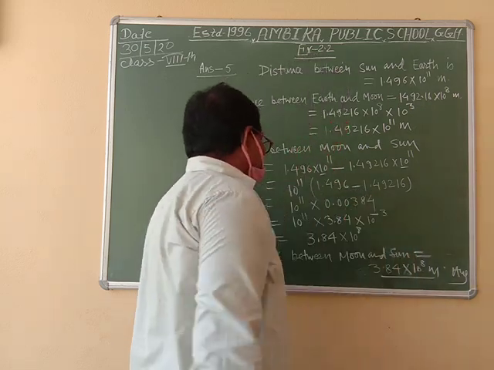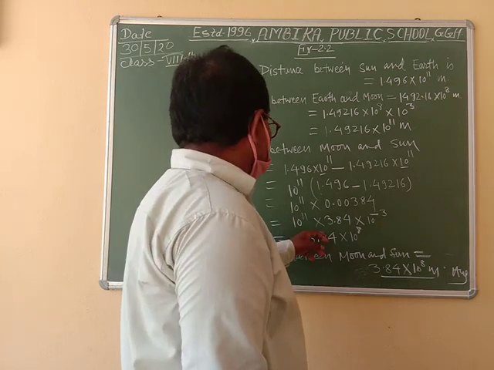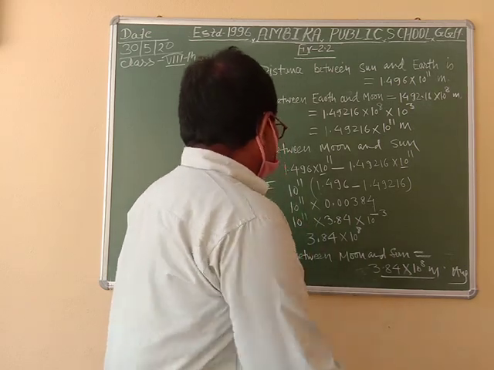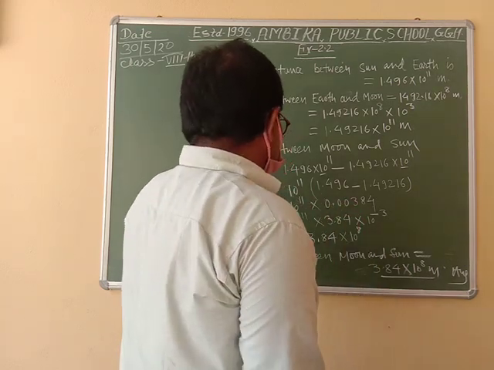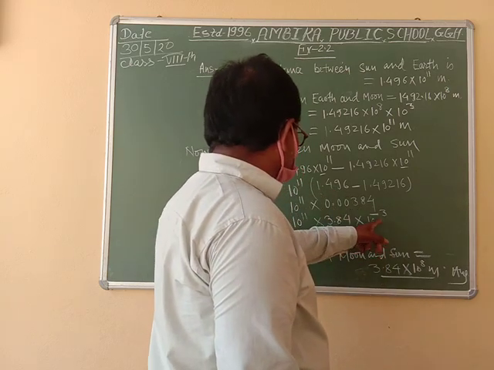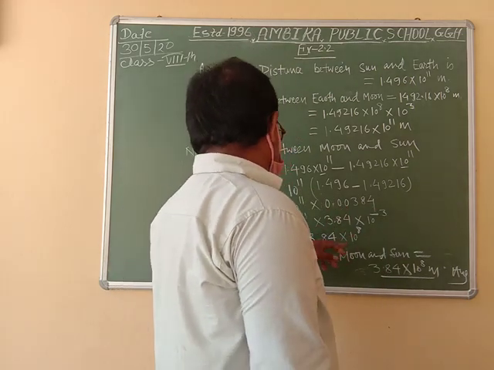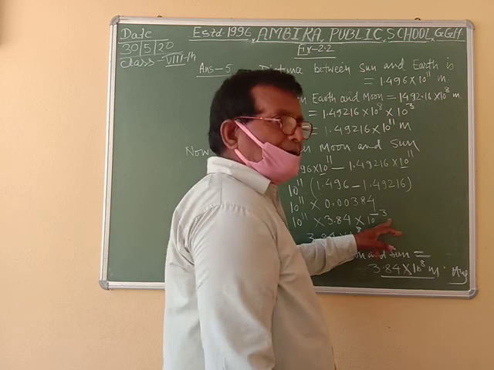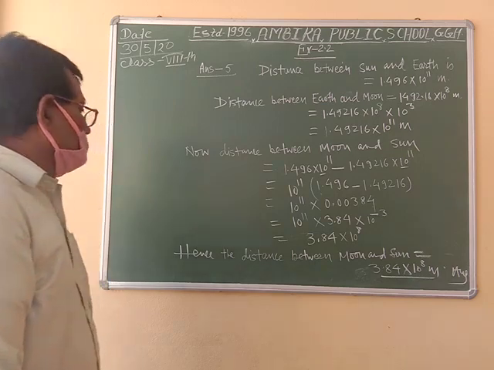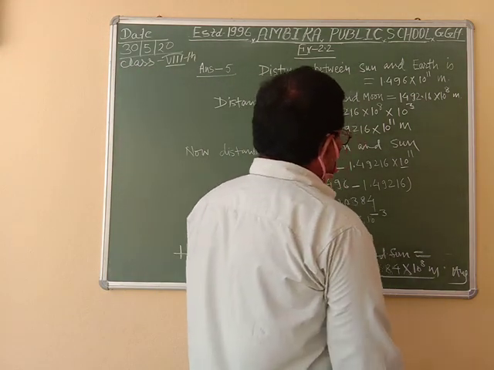Again we write this in scientific notation, 10 to the power 11 into 3.84. Here we shift decimal 3 steps right, then we can write 3.84 into 10 to the power minus 3, so 3.84 into 10 to the power 11 into 10 to the power minus 3 is equal to 10 to the power 8. Hence the distance between moon and sun is equal to 3.84 into 10 to the power 8 meter.